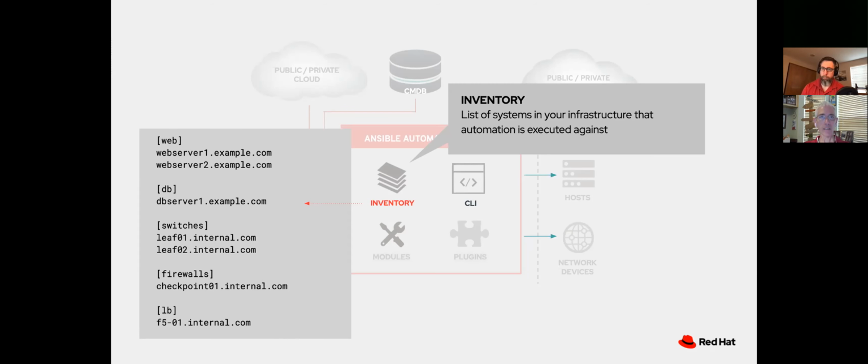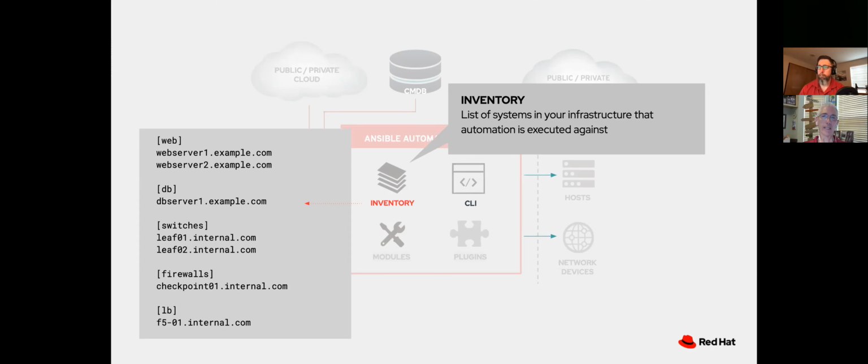Now, typically, what we'll see is you would use some other source, like a CMDB, or like Todd was showing in one of his examples, where he was referencing some inventory that was in Amazon. By the same token, within the Ansible environment, you could use something like Amazon or Google as your source of truth.